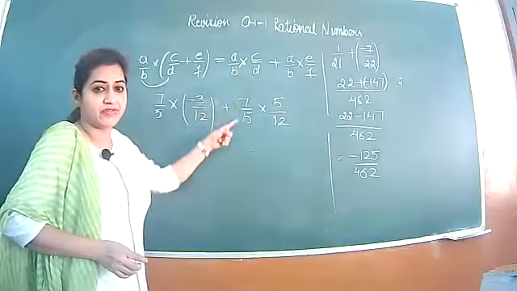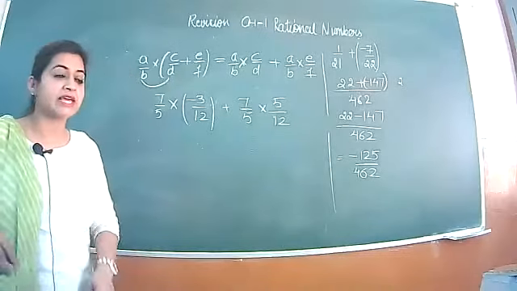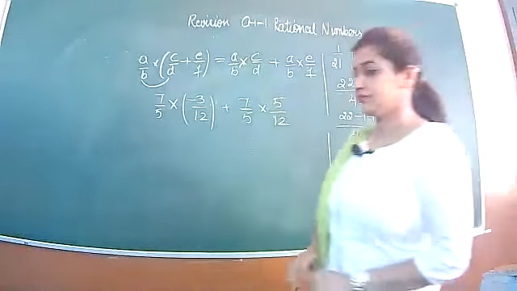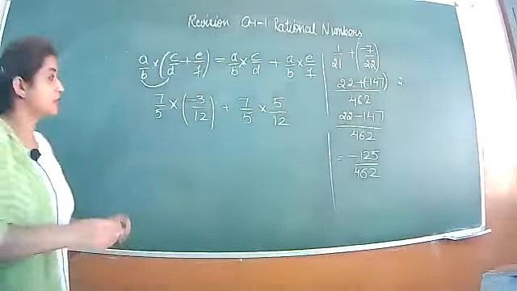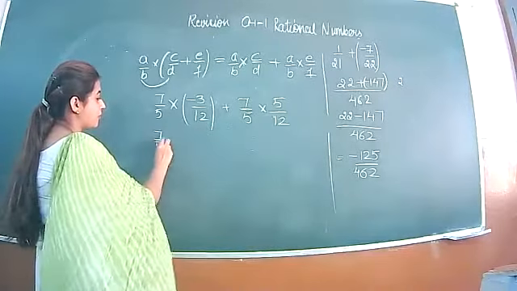Right hand side is given. So you have to convert this to left hand side first by taking common. So 7 by 5 is common.